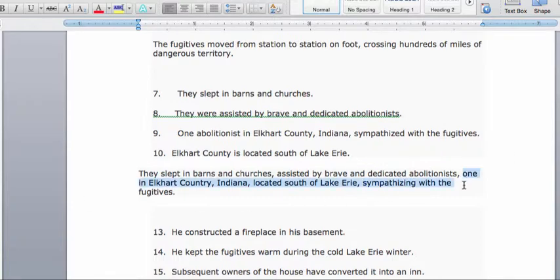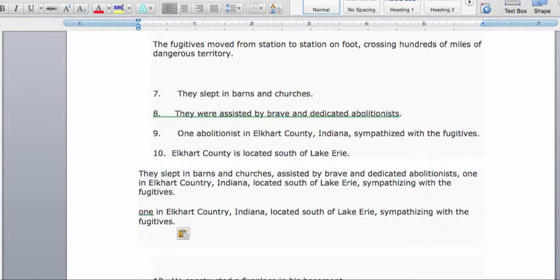Now, if we just took this sentence alone, it isn't a sentence. This sentence alone is a fragment because we don't have a verb in it. Looks like we have verbs, but remember, this is a participle describing Elkhart County. This is a participle describing this person here.